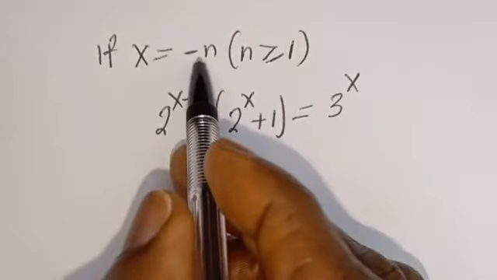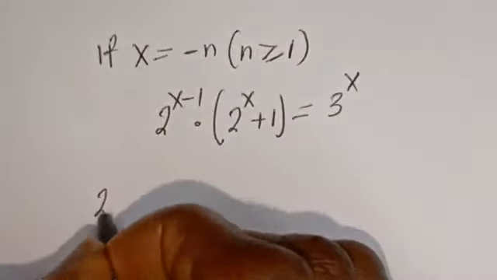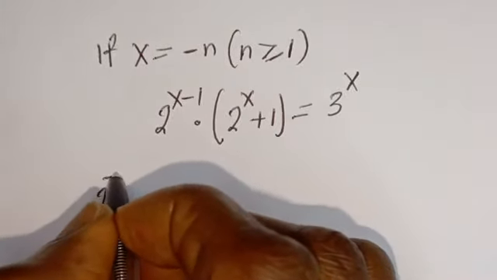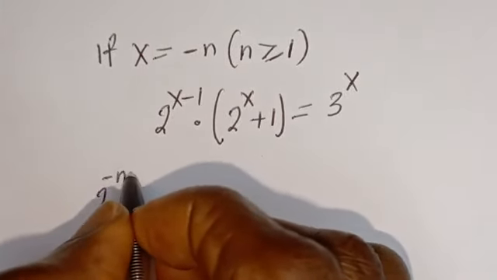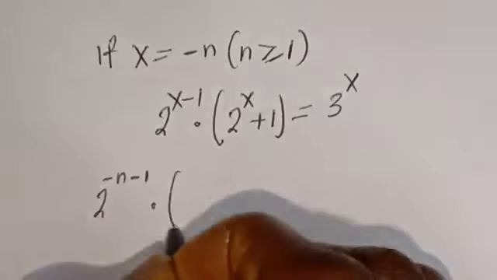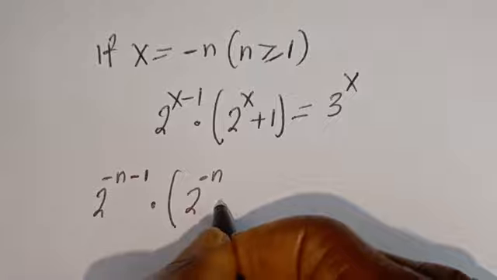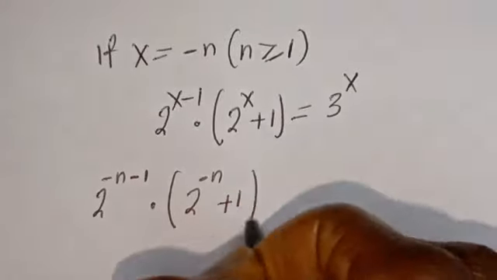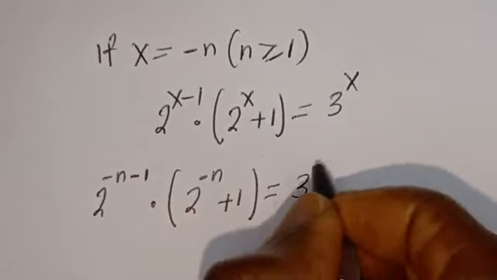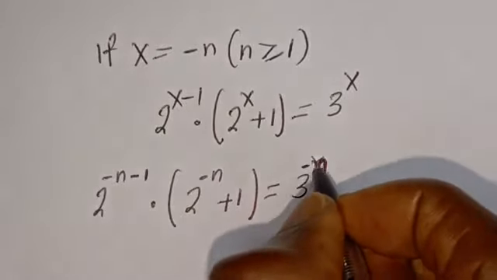Now, if x is equal to minus n, we have (2 to the power of negative n minus 1) multiplied by (2 to the power of negative n plus 1) is equal to 3 to the power of negative n.